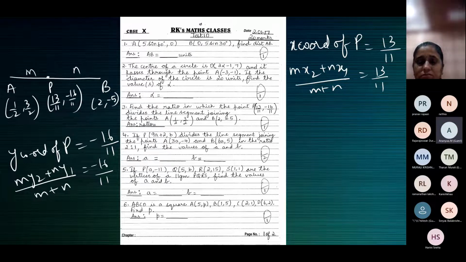Ratio is 5 to 6. 5 is to 6. Let me check. Yeah, you're right, Ananya. Very good. 5 is to 6.